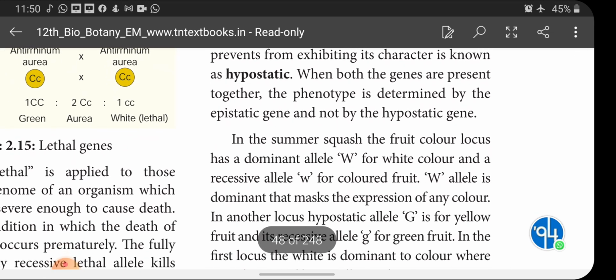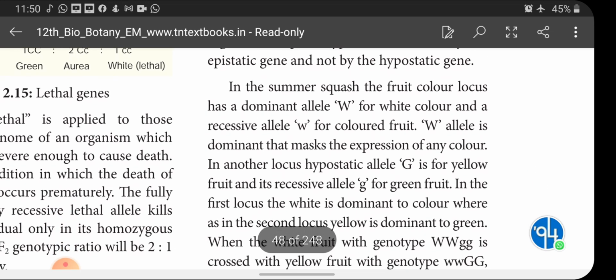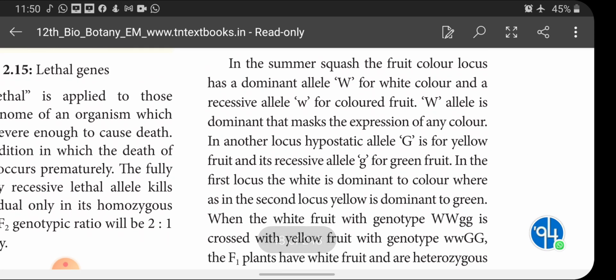That's all. In summer squash, the fruit color locus has a dominant allele capital W for white color and a recessive allele small w for colored fruit.